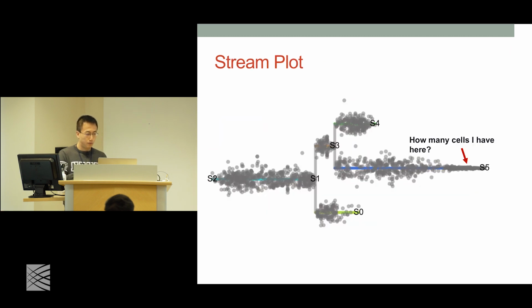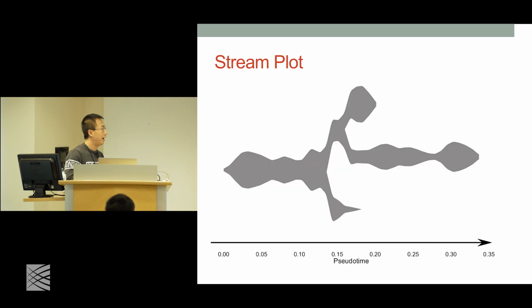But when it comes to a large data set, there will be so many cells overlapped together, and in this case, it's very hard to tell how many cells we have here. So for a large data set, we need to add one more dimension to indicate the number of cells.